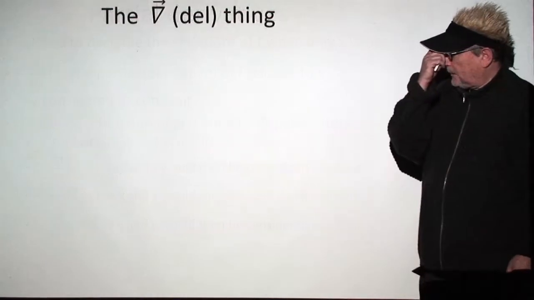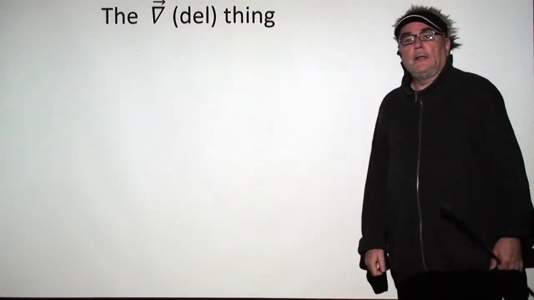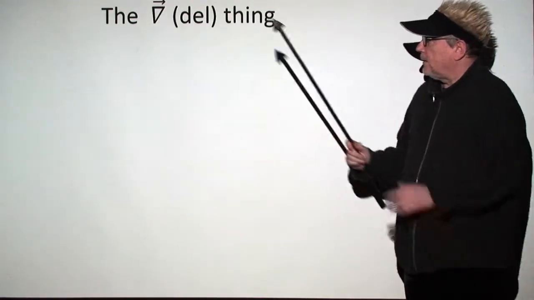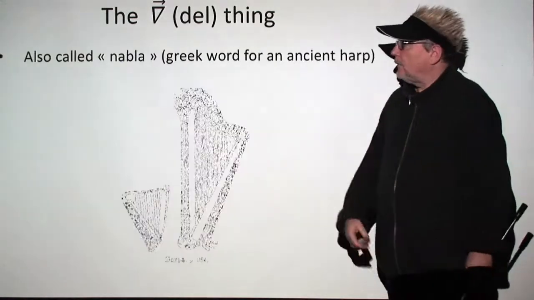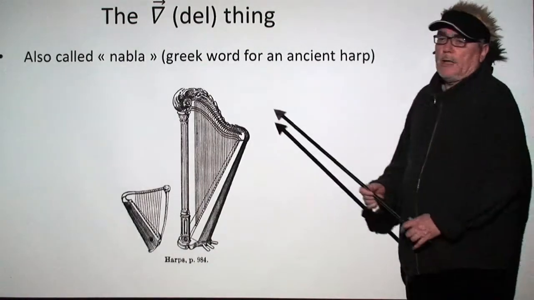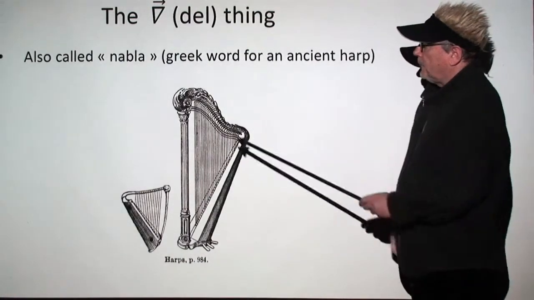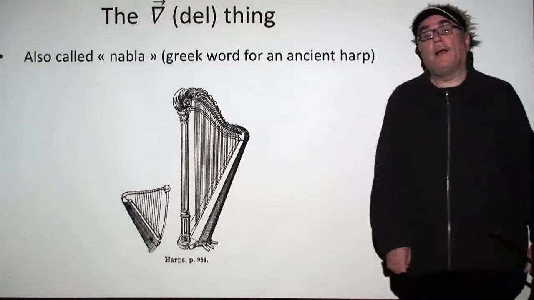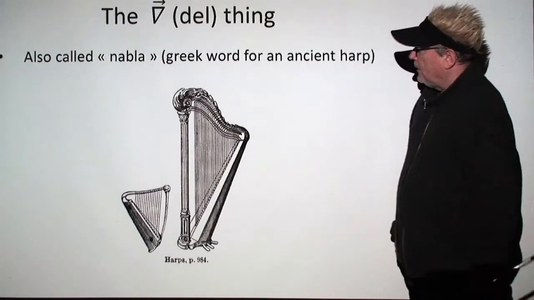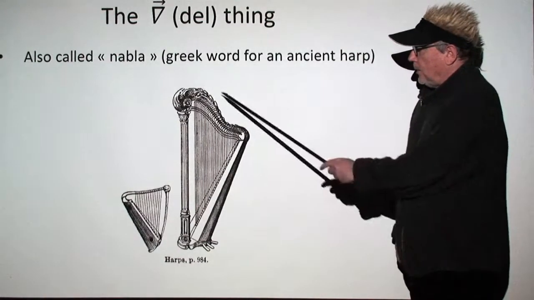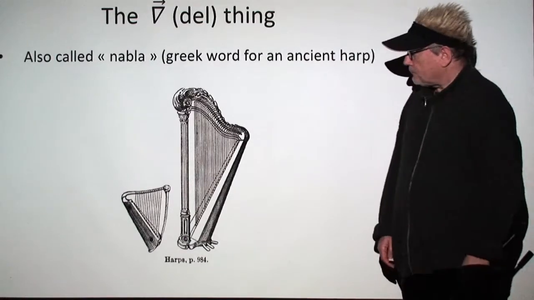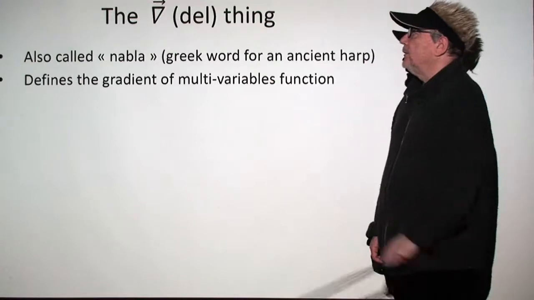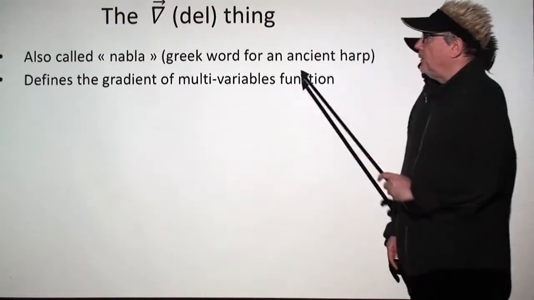Now, the other thing that's in the Maxwell equation is this weird symbol here called del. Actually, in French and many other languages, we also call it Nabla, because it's a Greek word for harp. And as you can see, there's some similarity, graphically, between this symbol and an old harp instrument. So anyway, mathematically, this symbol represents the gradient of a function.